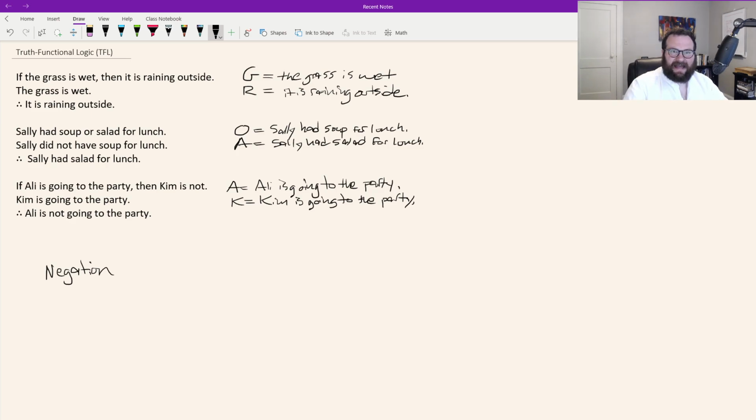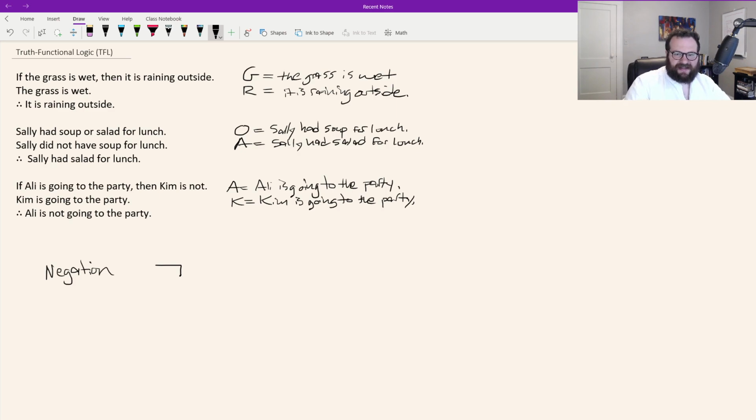Or it is not the case that Ali is going to the party. We represent negation with this symbol. Right? That's negation in our system. Other systems use different things, but this is the symbol that our system uses. Okay? So you would just put this in front of any sentence letter.